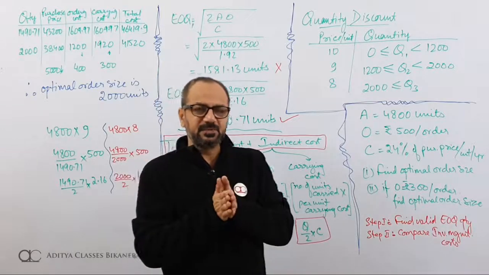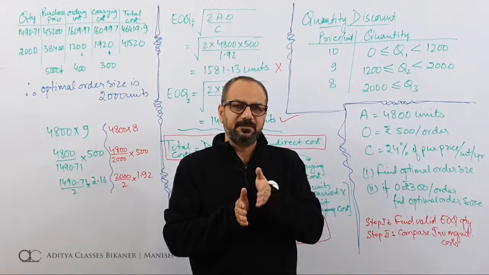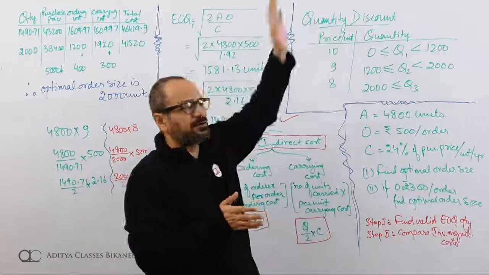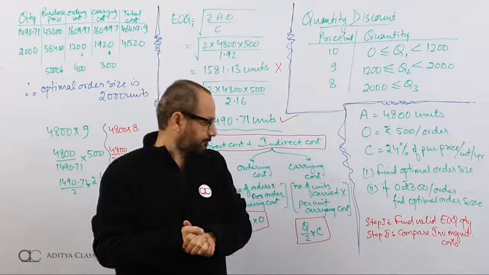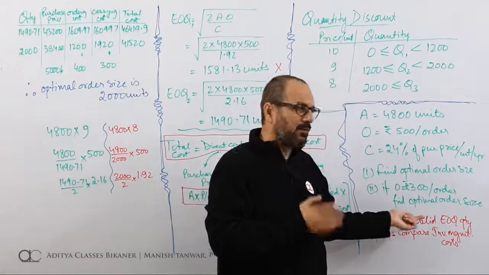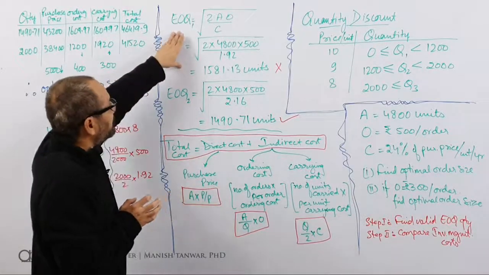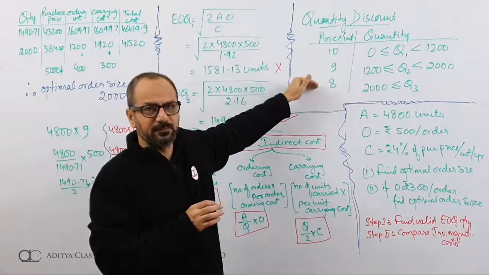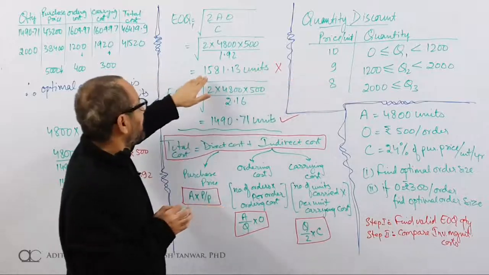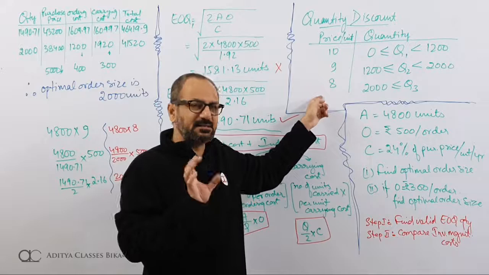So, up till this point, we have seen purchase models and manufacturing models. Today, we have talked about quantity discount models. And these models are solved in two steps. First step is to find a valid EOQ quantity. What do we mean by valid EOQ? Valid EOQ is, let us start with the cheapest EOQ. If we get a valid quantity, that is, if this quantity falls in this price slab, then it is valid.